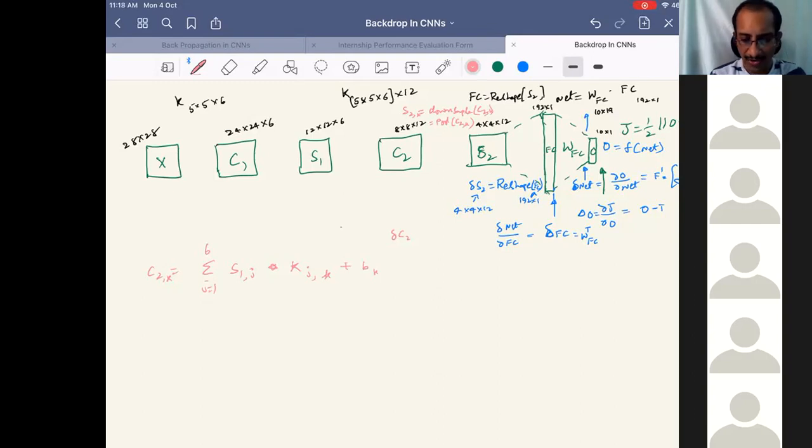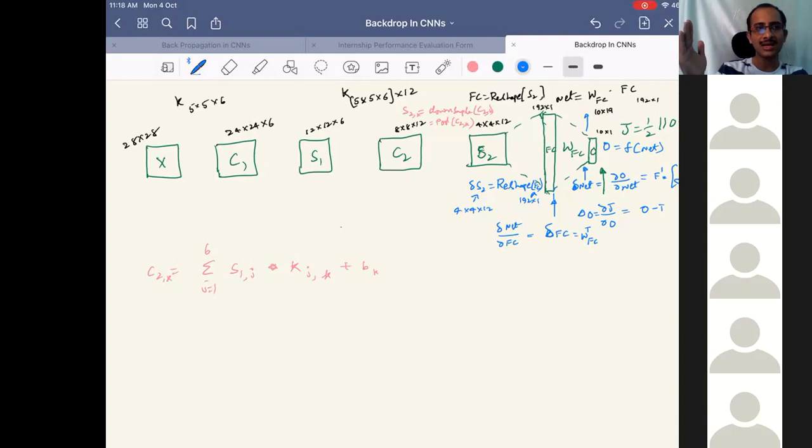So now assume that here we want to write delta C2. How do I write delta C2? In the backward pass, you notice that I am first writing the errors corresponding to the subsequent layer, and then coming here, because that's how the errors are available.